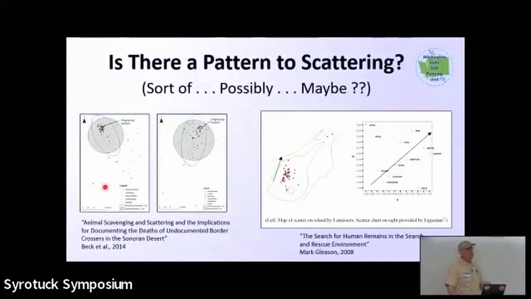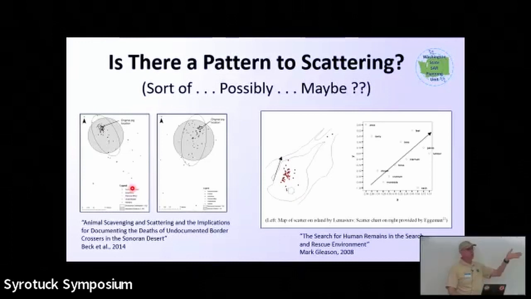So there is a limited amount of research based on a very small sample size, and I'll just show you a couple of examples here. Beck reported in a study in the Sonoran Desert environment that there might have been an elliptical or linear pattern of distribution.